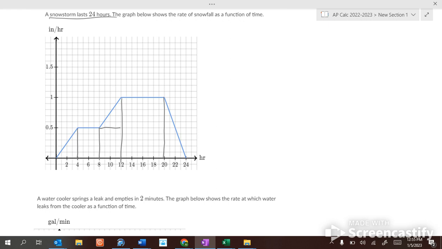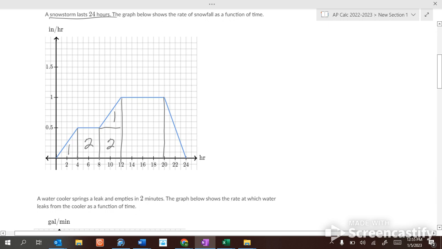One half the base times the height. So the base is 4, the height is 1/2. 4 times 1/2 is 2. Half of 2 is 1. Here is 4 times 1/2, which is 2. Here's 4 times 1/2, which is 2. Up here is 1.